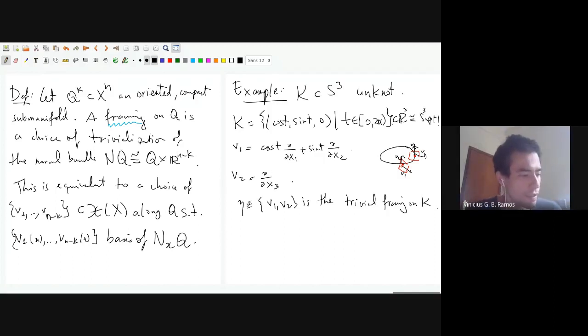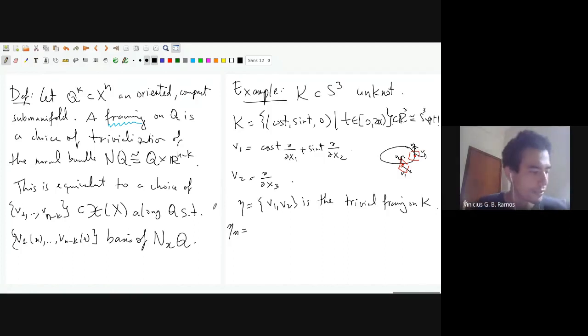So you can, for example, consider eta m. So instead of taking this trivial framing, what you can do is, as you go along the unknot, you can rotate your basis. And you can do a full turn, for example, or several turns.